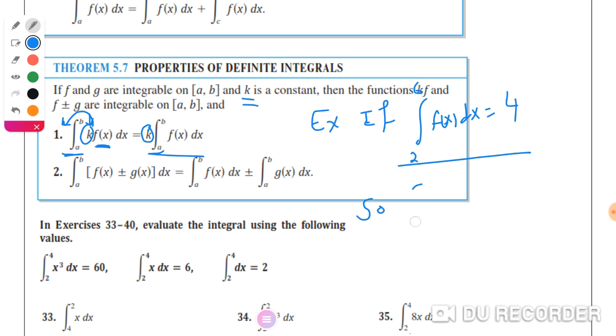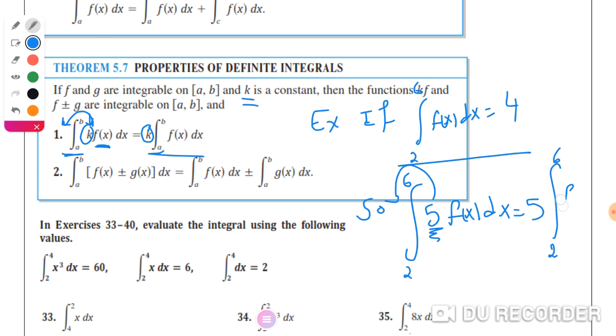So we take the definite integral from 2 to 6 of 5 times f of x with respect to x. I'll use the property. Here we have a number multiplied by a function, so I take this number out of the integral symbol. It will be 5 times the integral from 2 to 6 of the function f of x with respect to x.